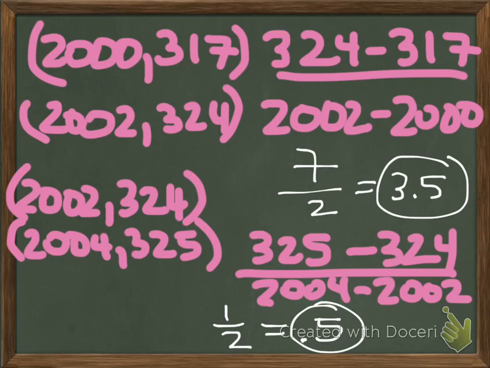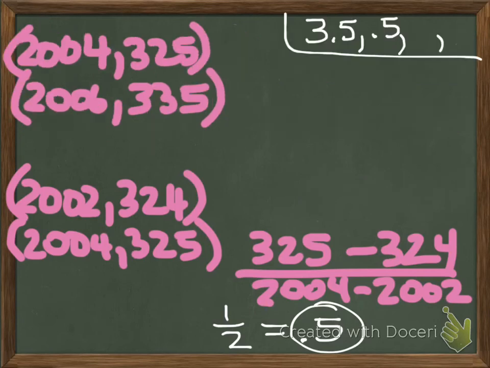So to erase this, here's my last 2 sets of ordered pairs, 2004, 325, and 2006, 335. So I'm going to again find my slope. Notice up in the top right-hand corner, I've already listed my 2 slopes that I've found. So I have one more slope to compare, so I need to find the least slope, or the least rate of change.